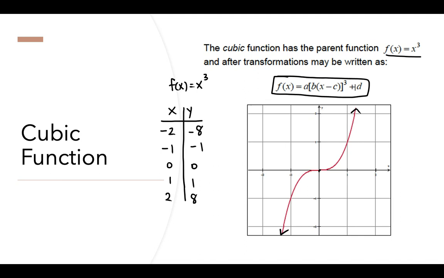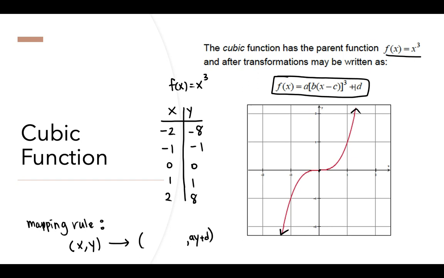Now, when I apply this into a mapping rule, when do you use it? Well, you use it when you want to figure out how the transformed function will look from a parent function. So the mapping rule from x, y, which is my parent function, will look like: A and D affect vertical, so (x, y) goes to ay plus d.